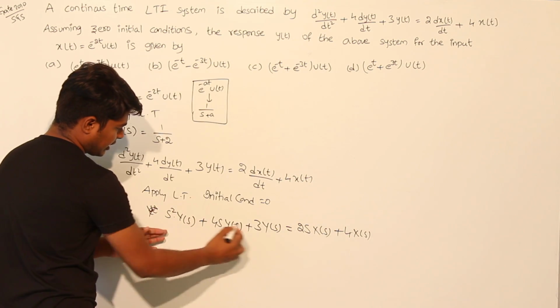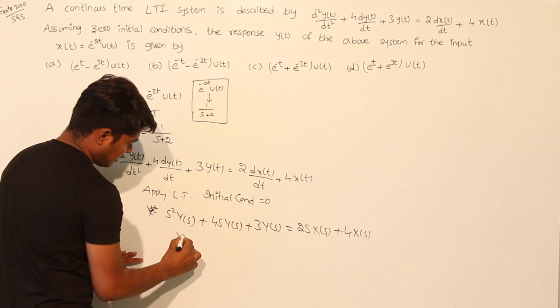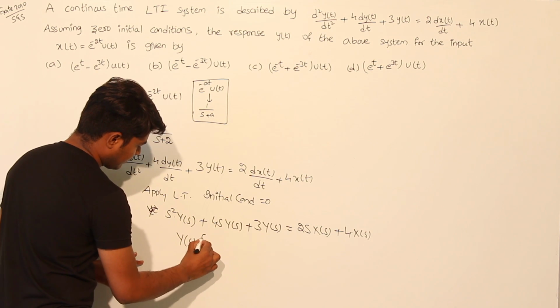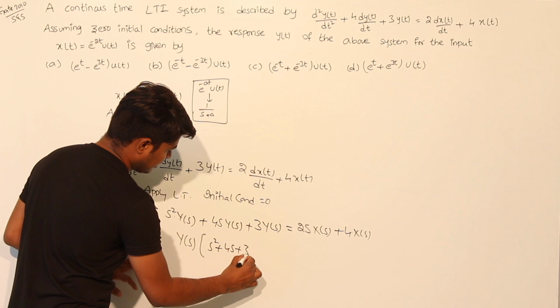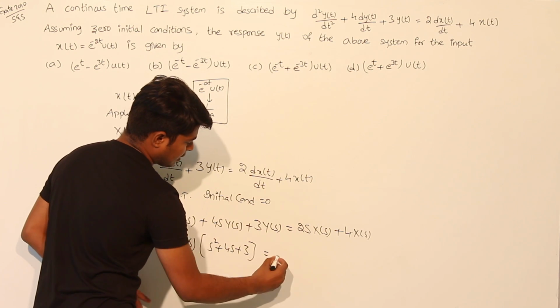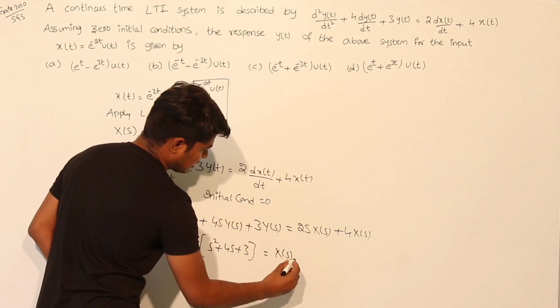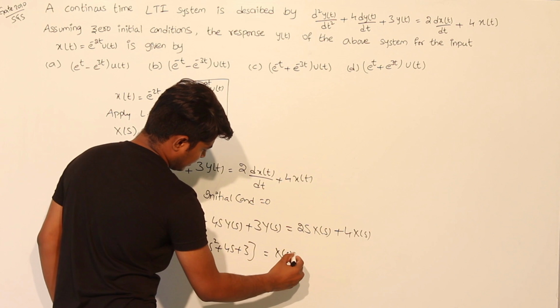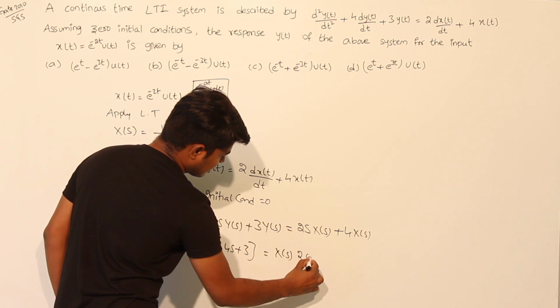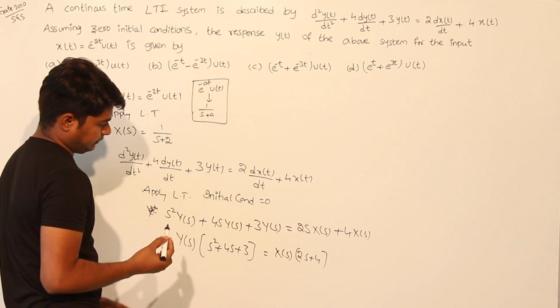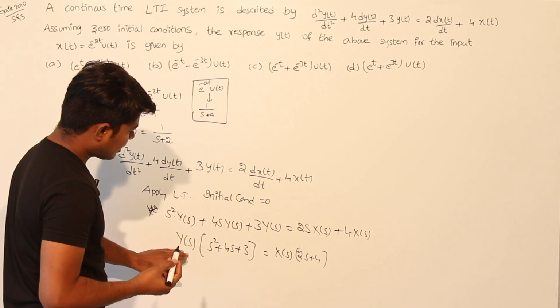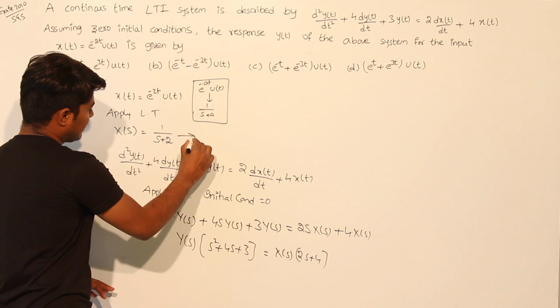Now on this side you take Y of s common. This will be Y of s into s square plus 4s plus 3. Similarly you take X of s common on this side. X of s into 2s plus 4.